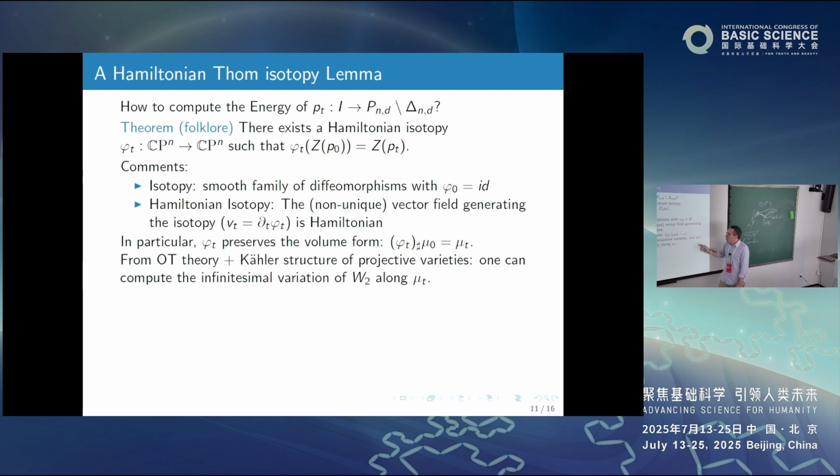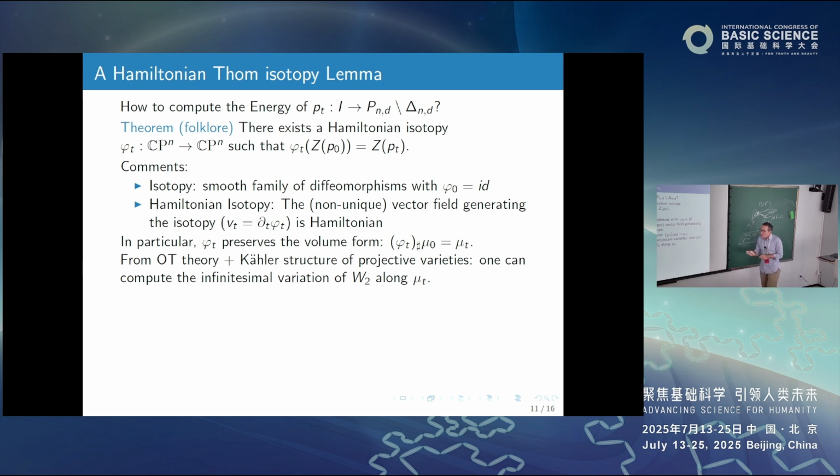The second point is that, now that you have understood how the zero set moves, you have to compute the metric speed in terms of optimal transport. And this is a bit tricky. You have to study what is called the tangent space of W2, that will be the so-called space of gradients.